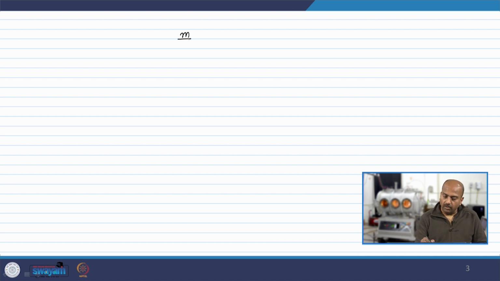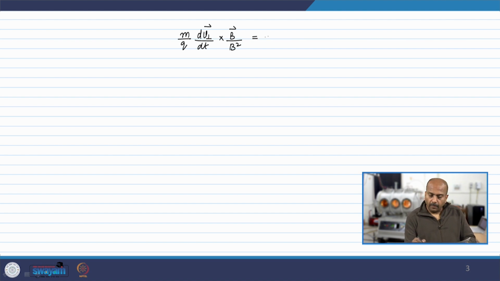So, we will have m by q dv perpendicular by dt cross B by B square is equal to E perpendicular cross B by B square minus V perpendicular times B dot B divided by B square plus B times (V perpendicular dot B) divided by B square.